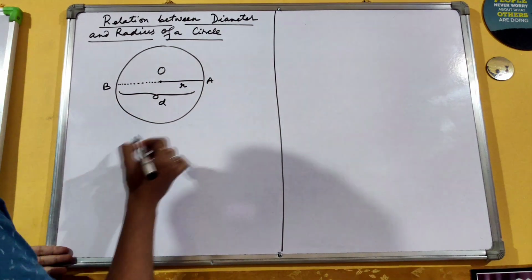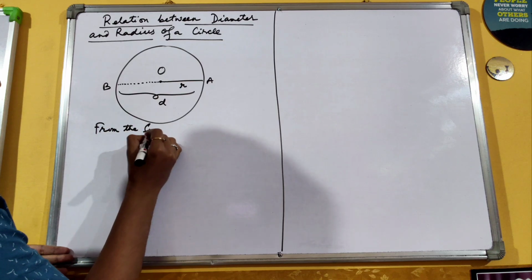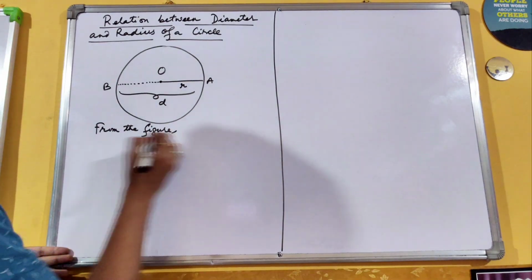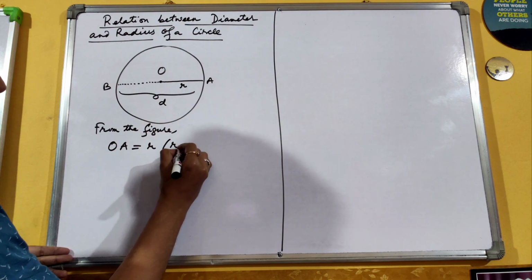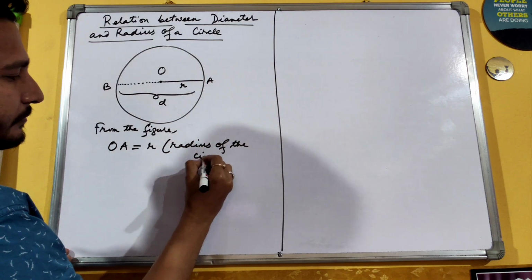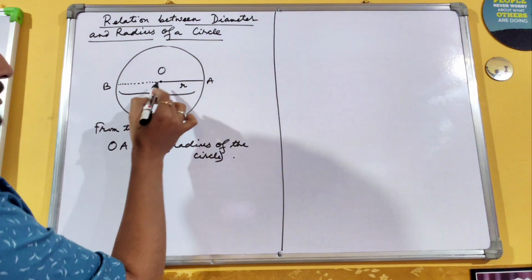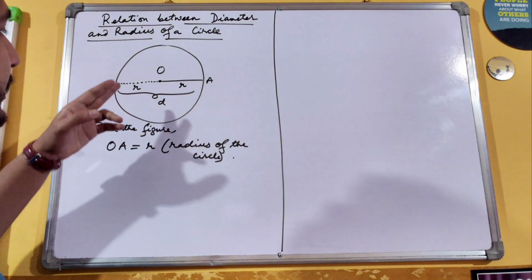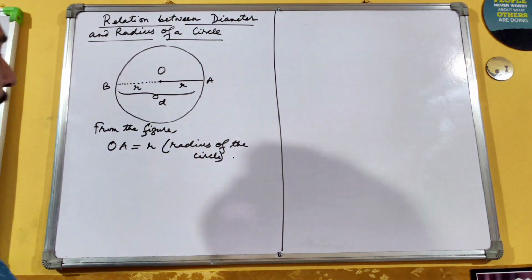So from the figure, what do we get? OA is nothing but R, the radius of the circle. Also, OB is also R, because radius is defined as the line segment from center to the boundary.